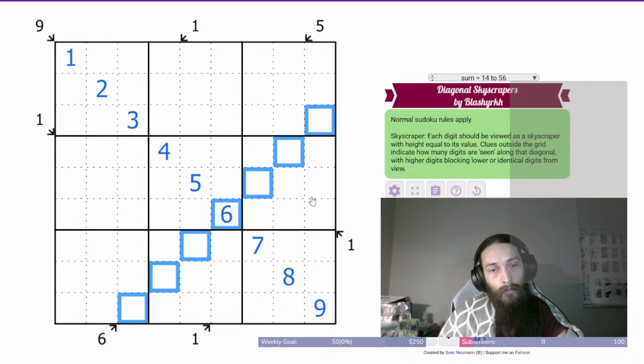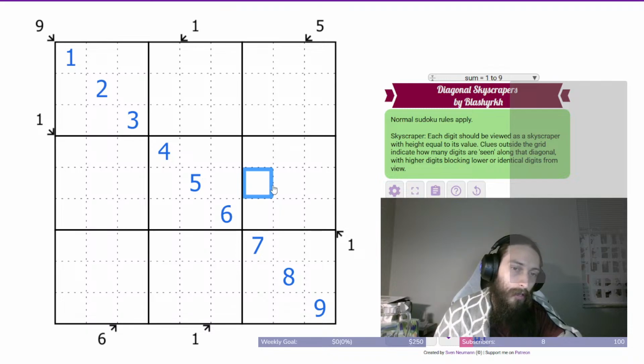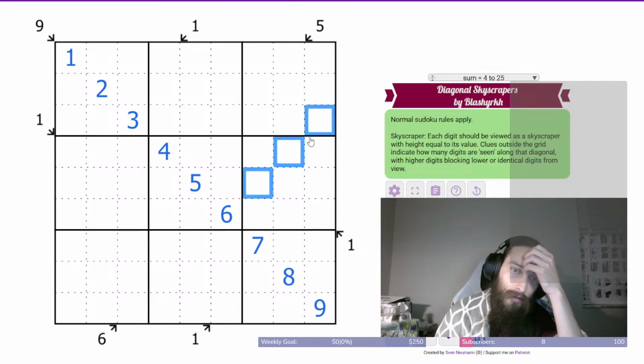Well, you can't have 7, 8, 9 after the 6 because they see 7, 8, 9 in that order. Right. Which I guess strongly implies that this digit isn't seen. Well, maybe it's just one of those digits, because you could do 8, 9, right, and then you can't see that one.